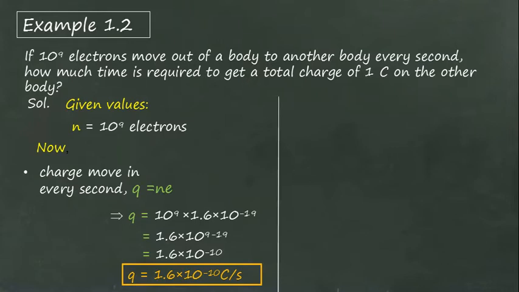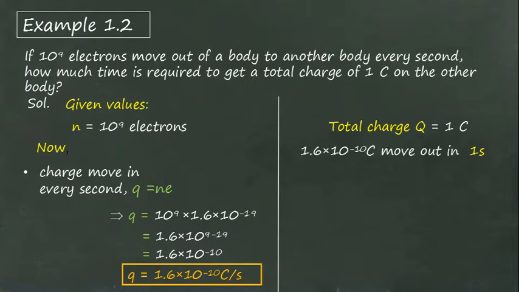Now the total charge we have is Q = 1 coulomb. Now 1.6 × 10^-10 coulomb charge moves out in 1 second. Then 1 coulomb charge moves out in how many seconds?